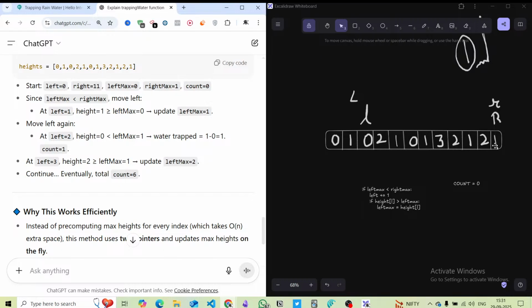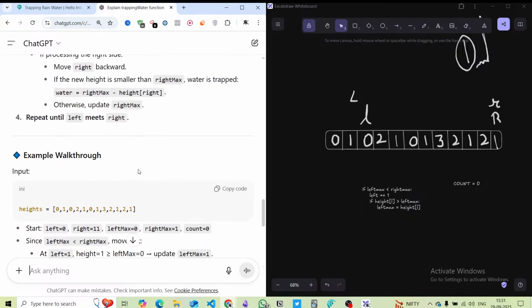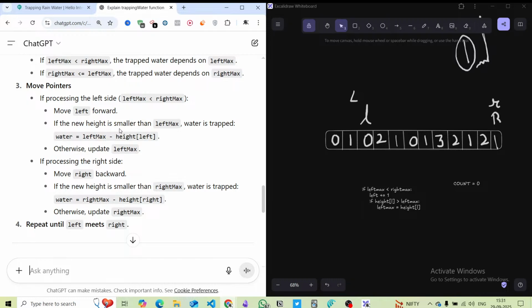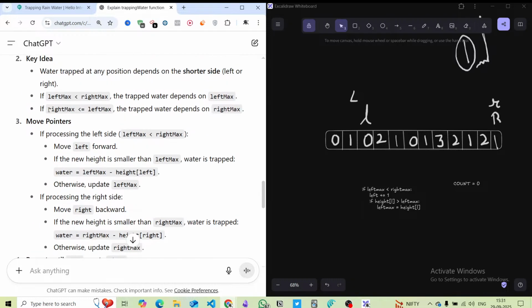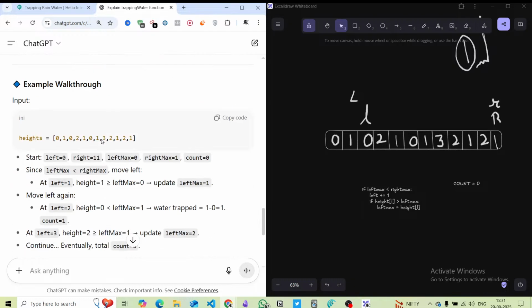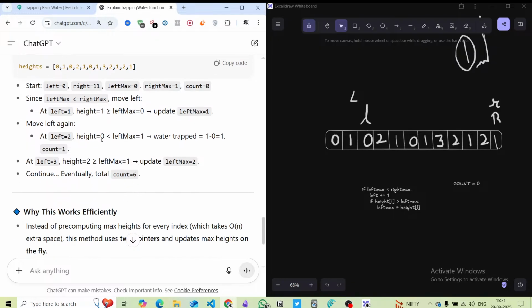So again we need to check if left max is less than or equal to right max or not. But it's equal, I think. No, the left is not equal, so we just move the L, right?